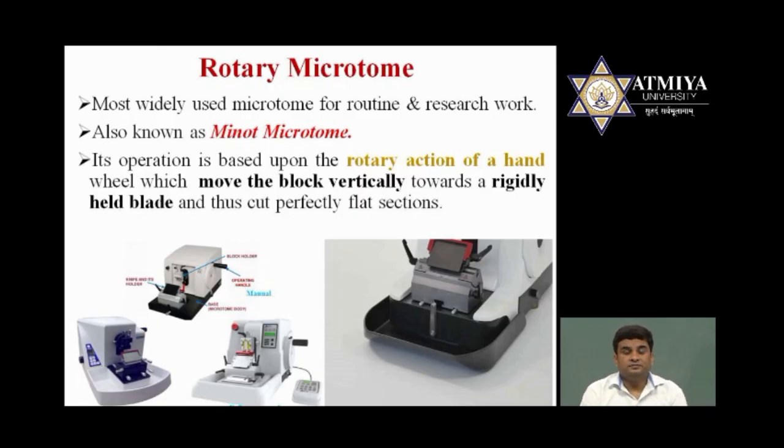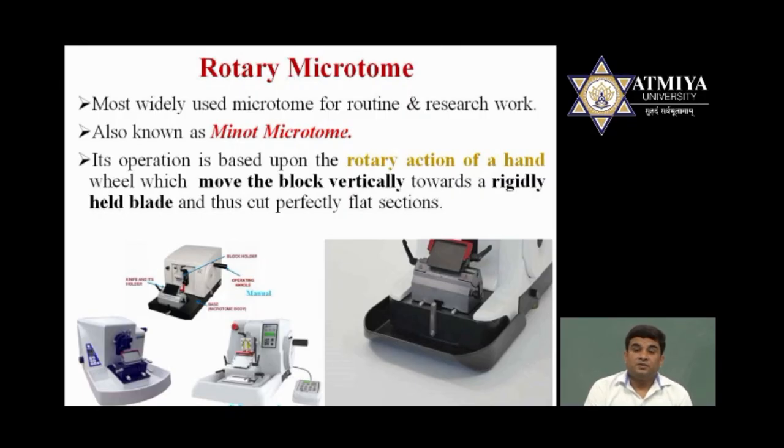In the manual one, there are two types of wheels: one is the coarse wheel, another is the hand wheel. With the hand wheel, the sample will move vertically, while with the coarse wheel, you can set the position of the sample holder. In the manual type, we handle both wheels manually. In the semi-automated type, either the hand wheel or the coarse wheel can be automated, one of them.